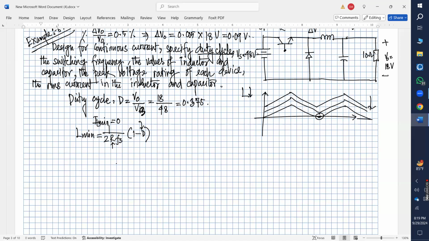So we have to choose a frequency for which the loss will be very low, because if your switching frequency is high, what will happen? This switch will be turned on and off too often. So there will be a switching loss across the switch, right? And if you put the switching frequency very low, then you have to put a huge inductor in the circuit. So we have to make a trade-off between the switching frequency and the inductor size.